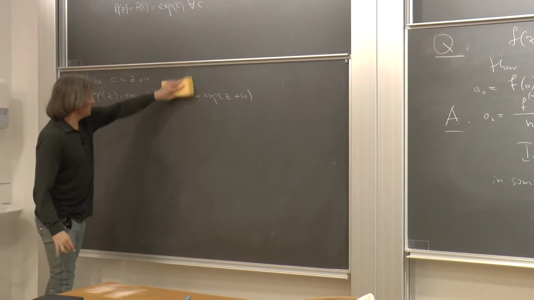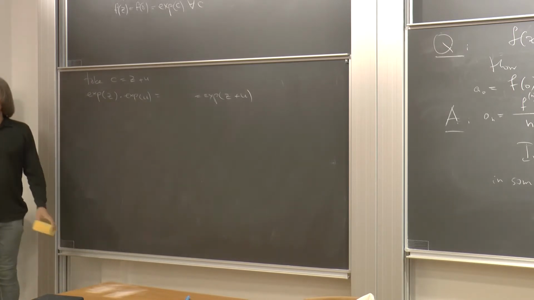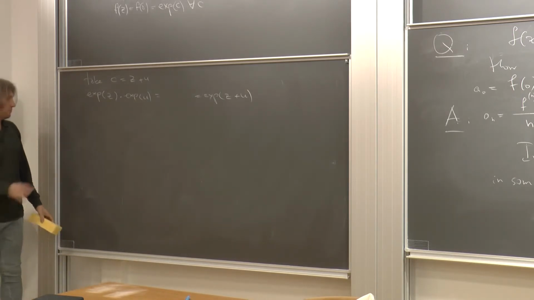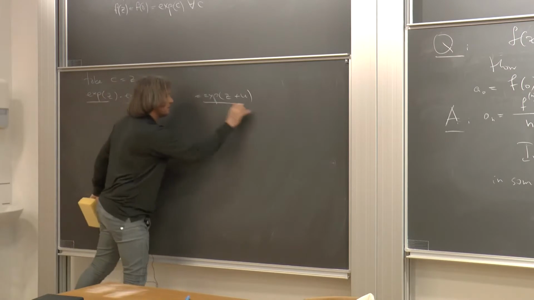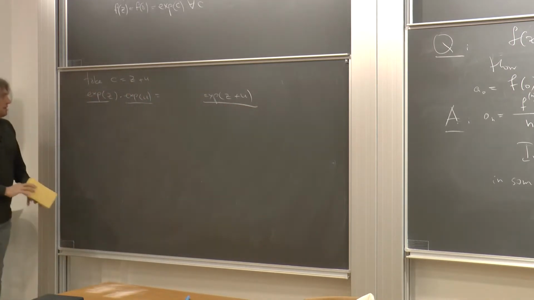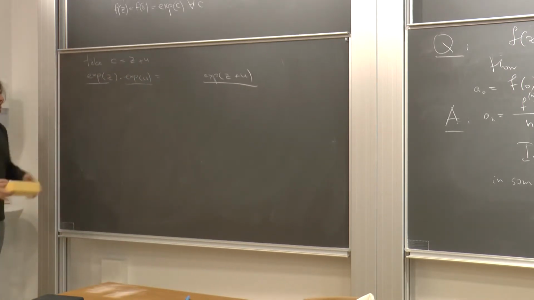So we can erase the middle, and we see the key property we wanted to prove. So for every two complex numbers, we'll get this.